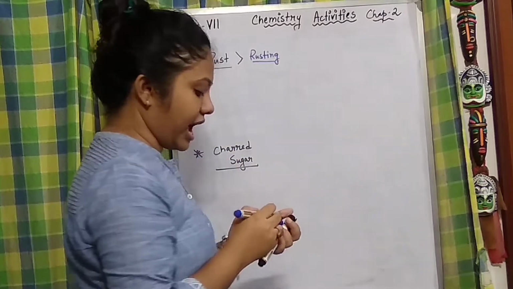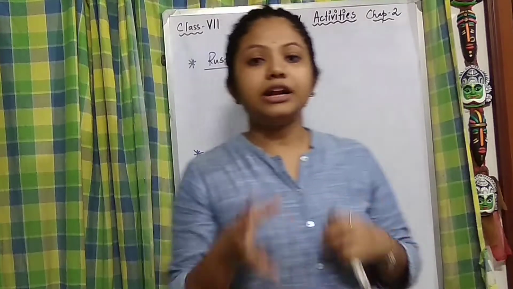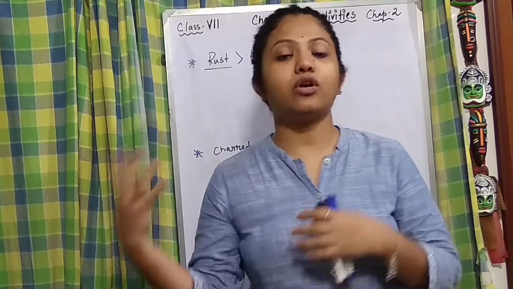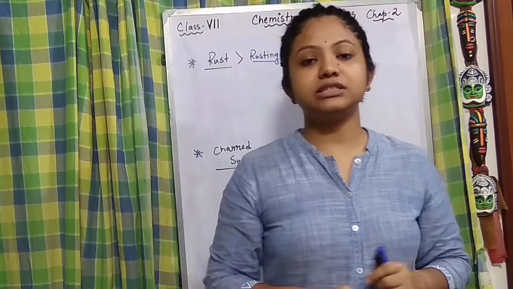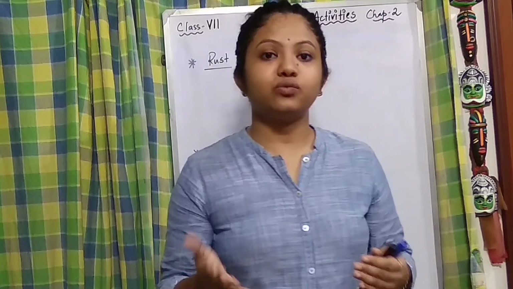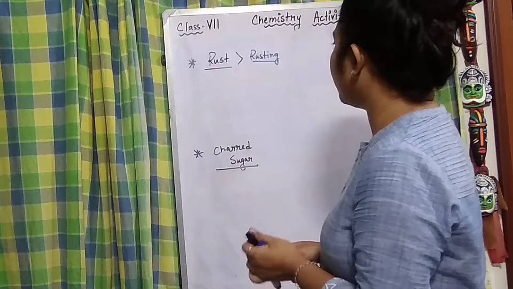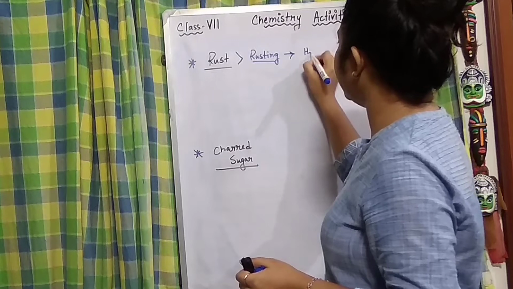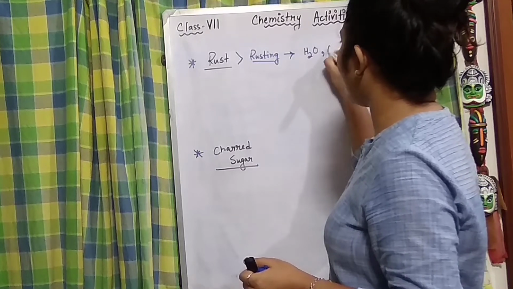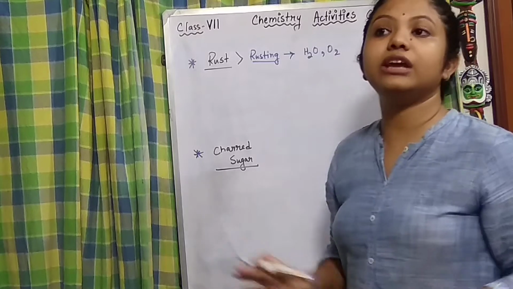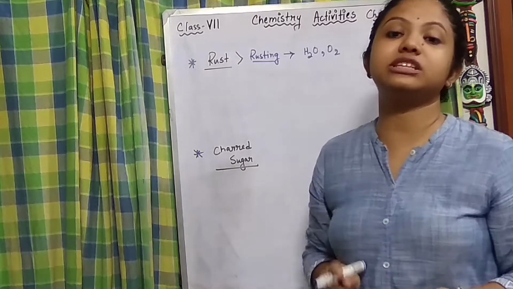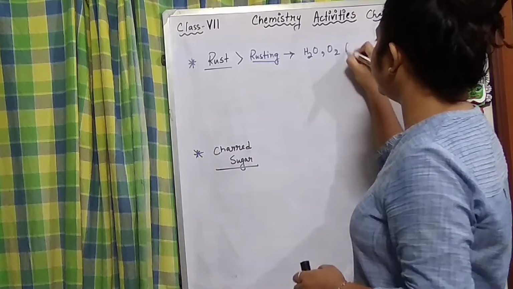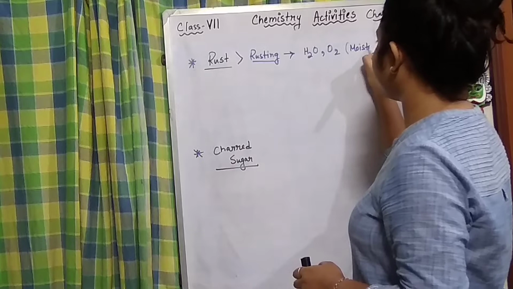In rusting, when iron is exposed to moisture, in the presence of oxygen and water, that means H2O, it undergoes some change. So during rusting there should be the presence of water and oxygen, in short, moisture.